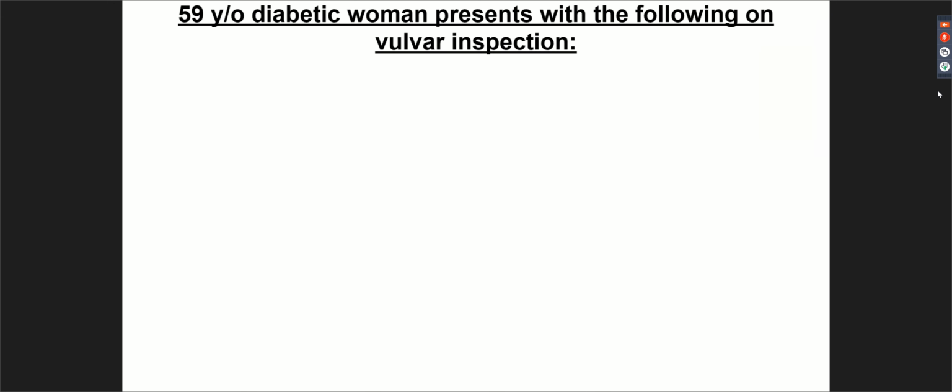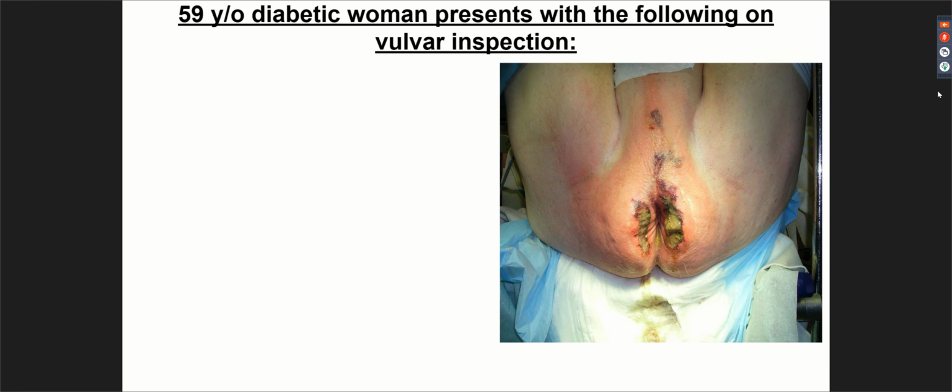"59-year-old diabetic woman presents with the following on vulvar inspection. How would the patient clinically present?" So in this case, I would expect the patient to present with complaints of increasing vulvar pain.